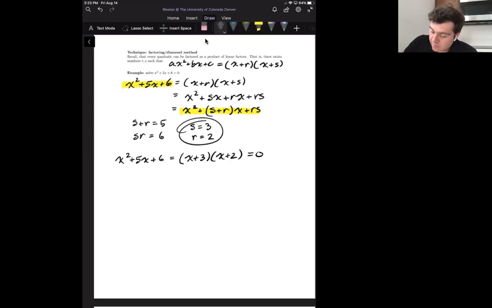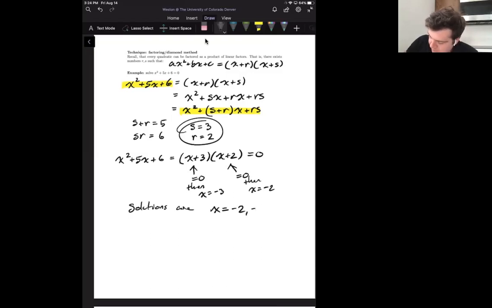If this one is equal to 0, then x equals -3. And if this one equals 0, then x equals -2. Thus, our solutions are x equals -2, comma, -3.